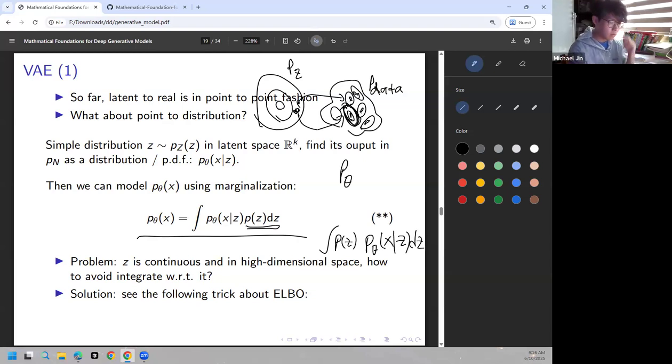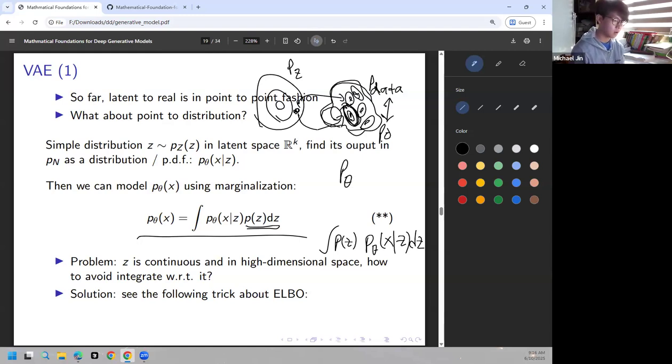And if we sum over all of them, we are summing all of the distributions here to get p_theta, and we want to minimize the distance between p_theta and p_data. So we can write down p_theta as well using marginalization with the prior distribution. And the problem is z is continuous in a high-dimensional space. We don't want to integrate over such a variable.